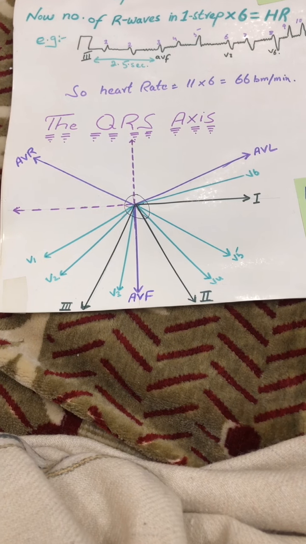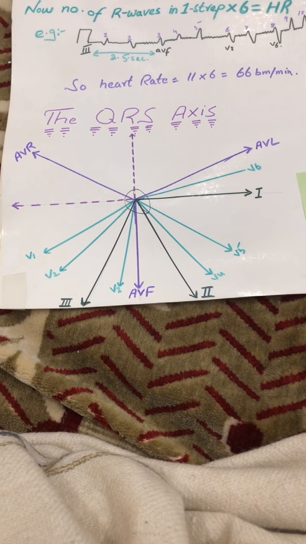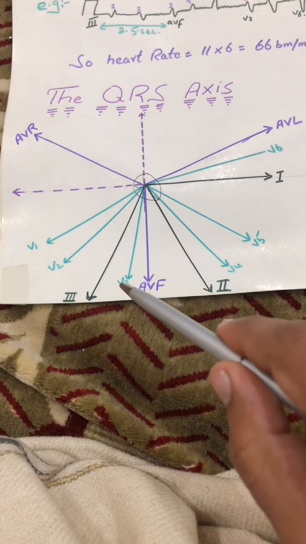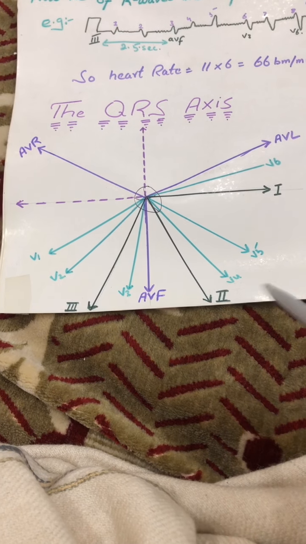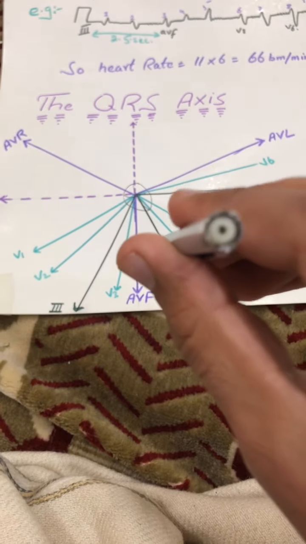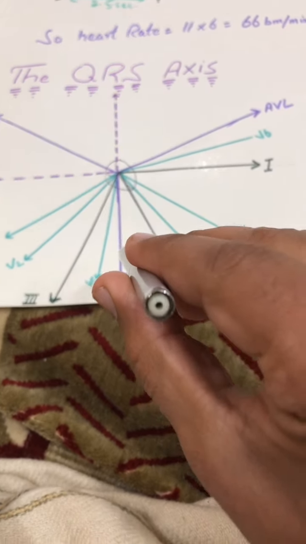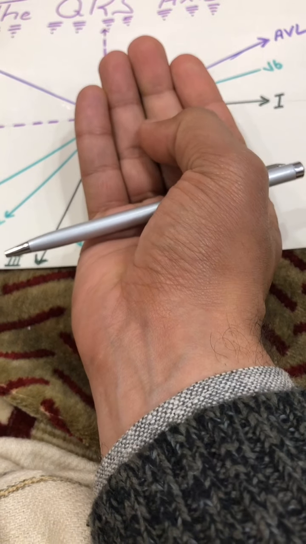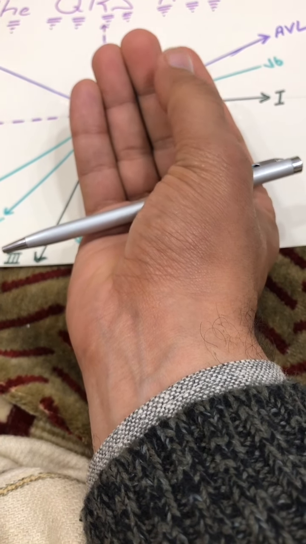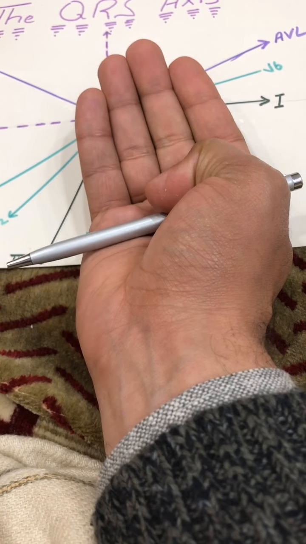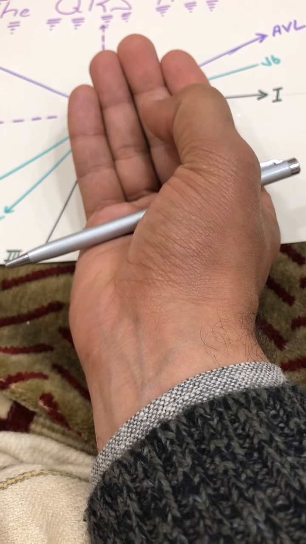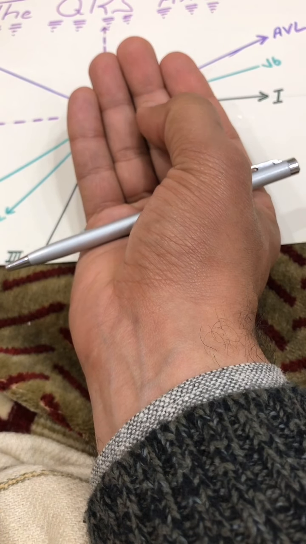Okay, if you look at the 3D structure, actually these leads V3 and V4 are looking at the heart like this, anterior side. See, this is the patient, this is the chest of the patient, this is the head of the patient, and these are the feet. Okay, and you are looking like this, V3 and V4 to the chest, anterior side.